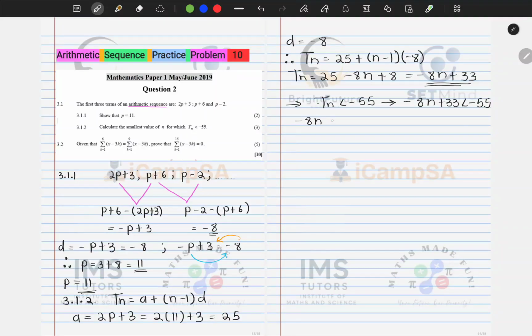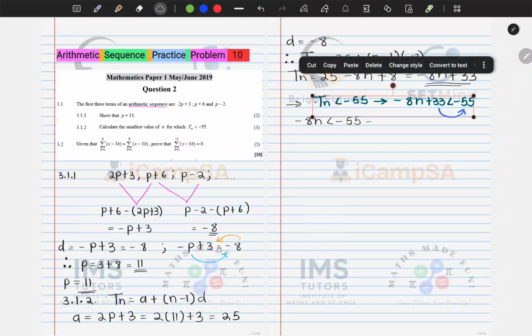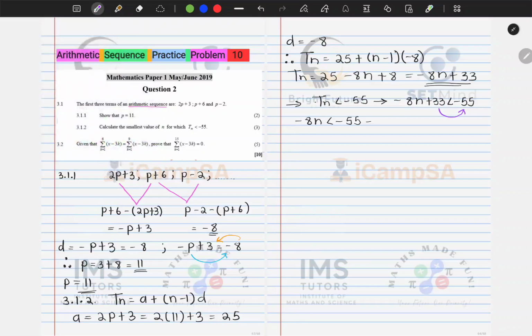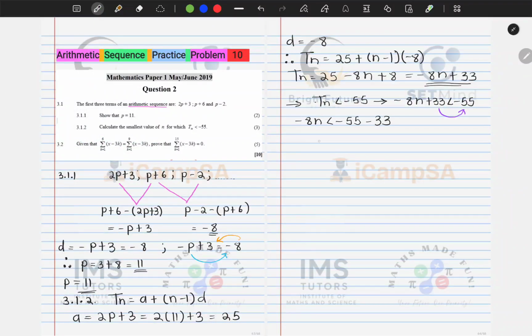It means we have negative 8n less than negative 55, and then when we transpose this 33 to the other side, it just becomes negative 33. So we end up having negative 8n less than negative 88.